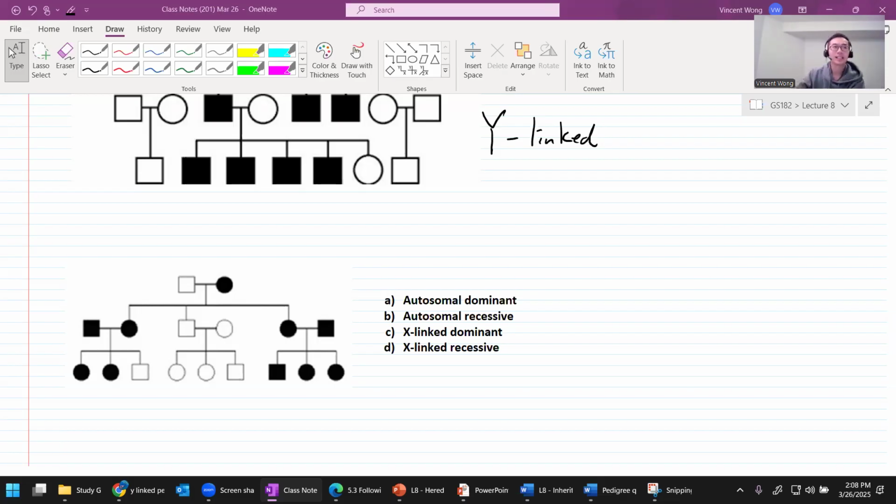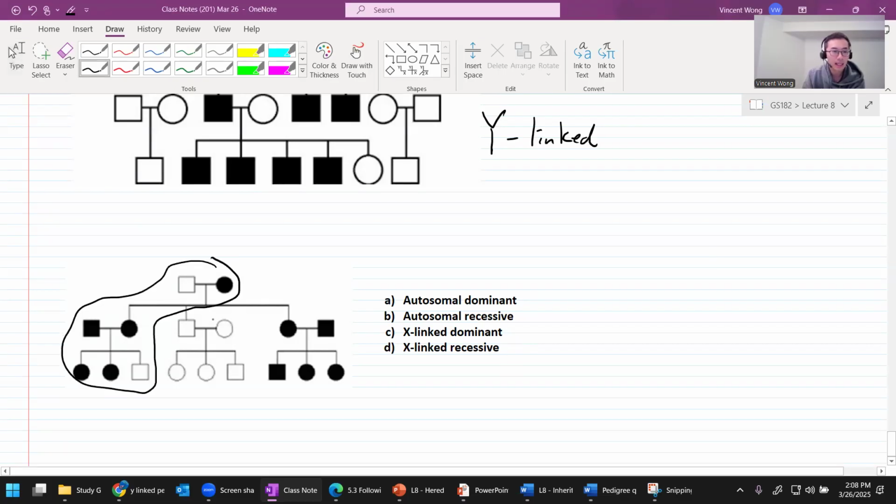I think it's a tough thing. Okay, let me walk you through one more time. Do you think this skips or no skip? That's the first thing you want to ask yourself. If you look at this family tree, that's no skip. There's someone who has it in every generation.